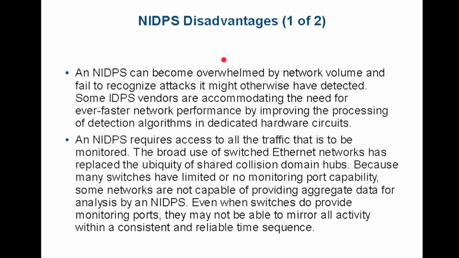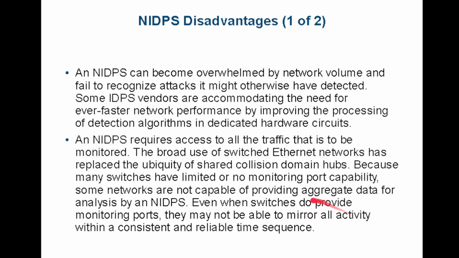Network IDPSs. This is the overall. This is not just wireless, but any network intrusion detection prevention. Because you're watching all the traffic coming through, they can easily be overwhelmed. And because you've got all sorts of switches, you can't sometimes provide all the information needed.